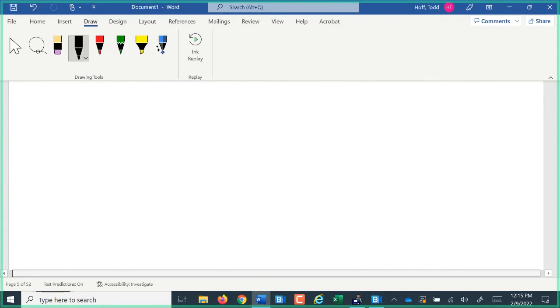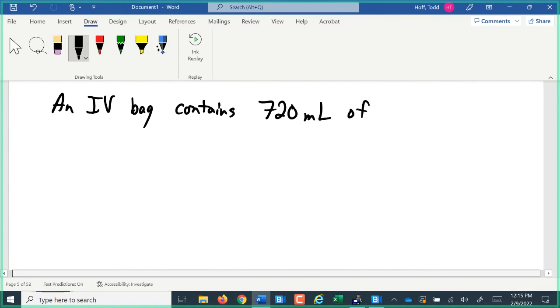Back to the medical side of things. Again, we have an IV bag that contains 720 milliliters of solution.